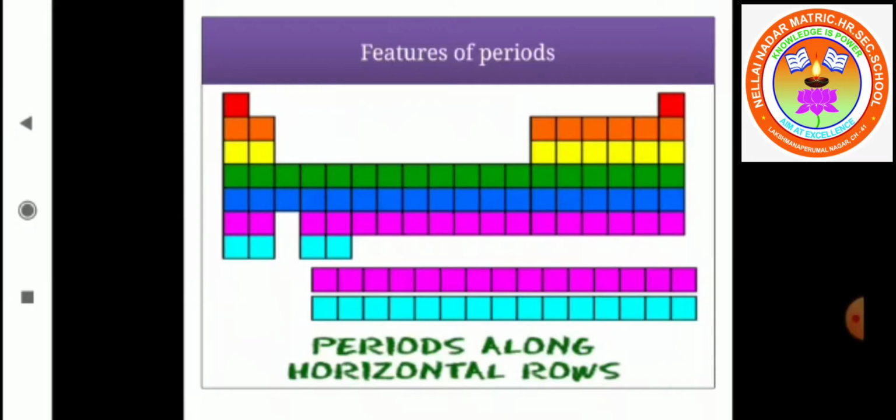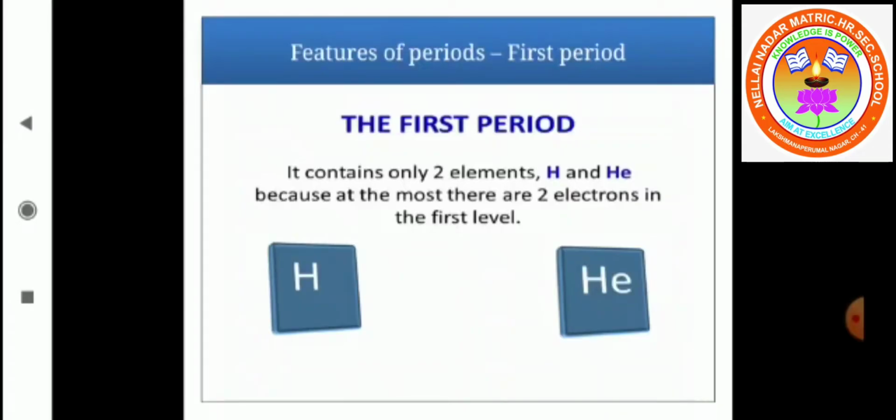Fourth and fifth periods consist of 18 elements each. The sixth period consists of 32 elements, and the seventh period also has 32 elements or more, and it is incomplete because new elements are synthesized artificially and are being added in the seventh period. Okay, children. Now let us learn the features of periods in the modern periodic table in detail.